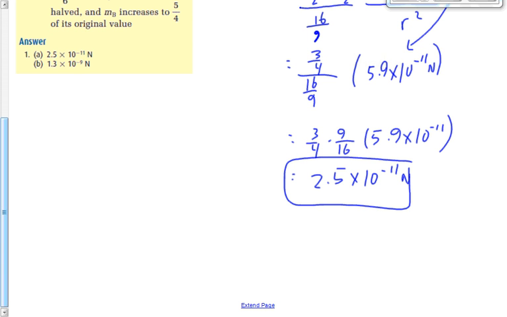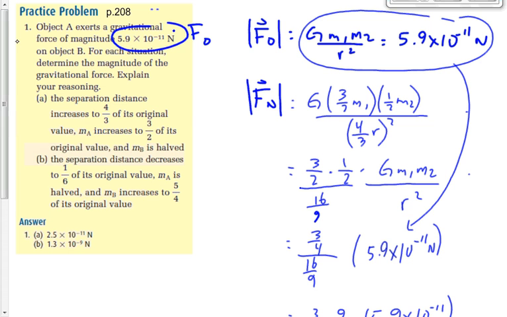So again, our steps. Step 1, the easy one: write down the equation and write down what it's equal to. This is what we start off as. Step number 2, make your changes. Instead of being m1 m2 over r squared, it's now 3/2 m1 times 1/2 m2, and so on. Step 3, let's pull the numbers out.